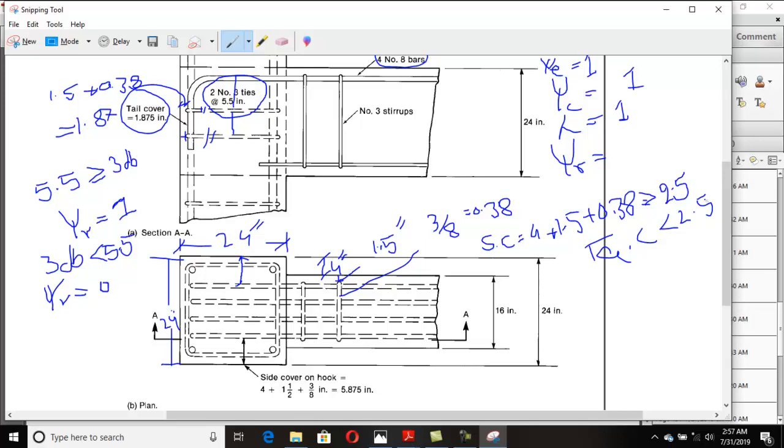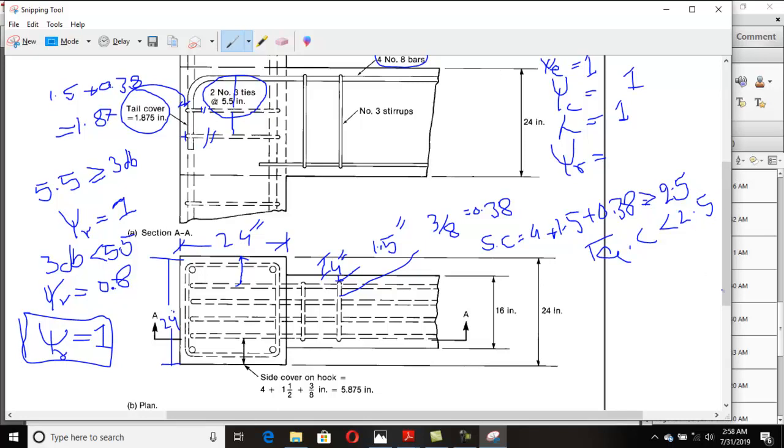Will be 0.8. But it should be remembered that this is a discontinued edge, so your psi r factor will obviously be considered as 1, because it is a discontinued edge.